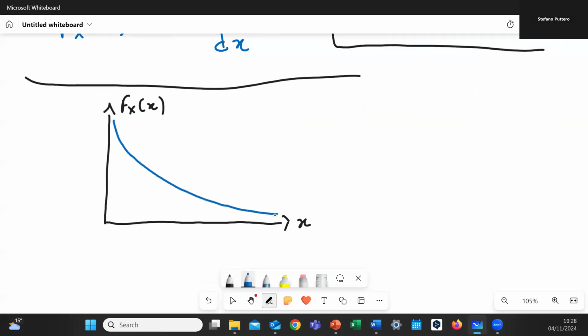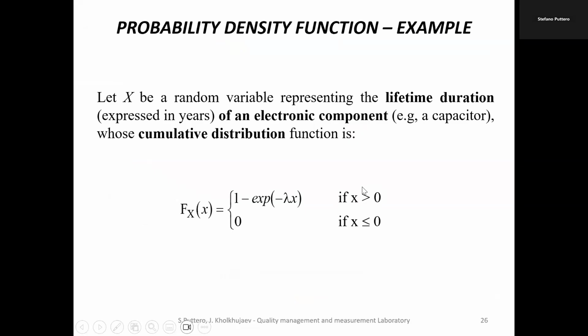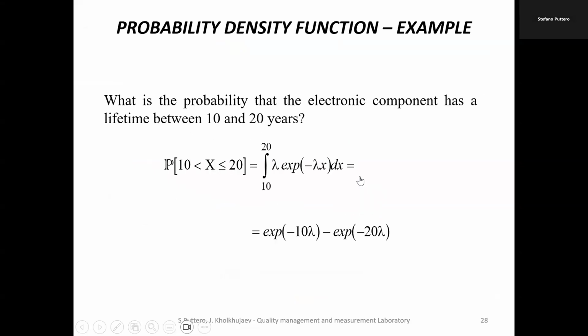This is our exponential function. The example asks us to calculate the probability that the component, of course we are dealing with an electronic component but it doesn't matter, has a lifetime between 10 and 20 years.